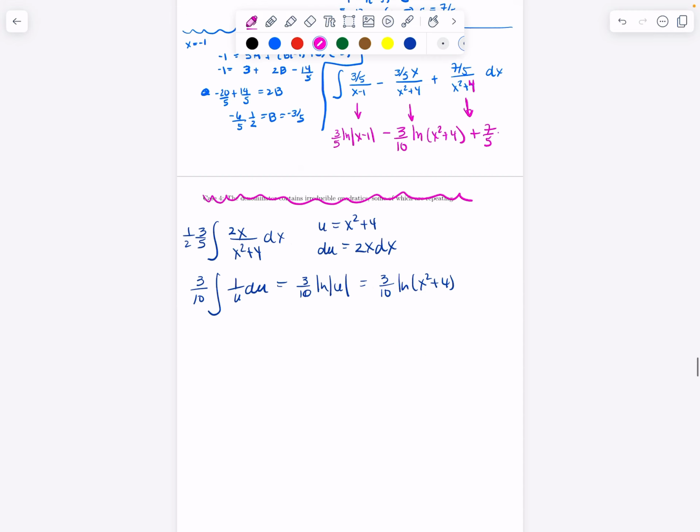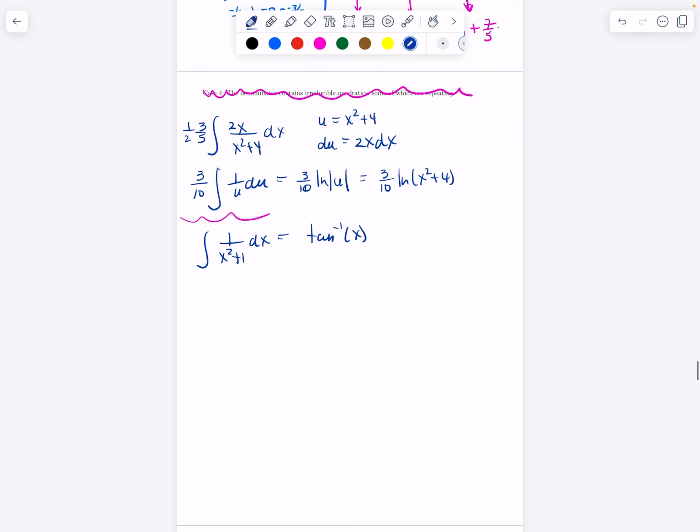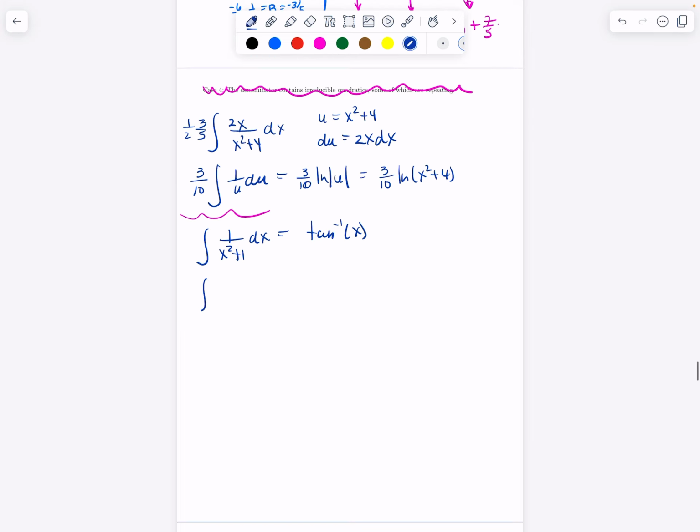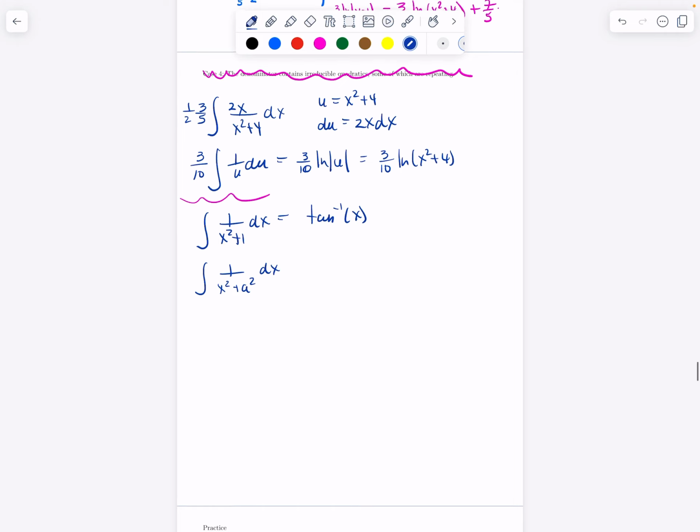So let's come over here and remember some things. We should remember that this is arctangent. Now, if I change that one to something else, I have to be careful. So, for example, if I have 1 over x squared, let's say, plus a squared, I am going to factor that a squared out, right?